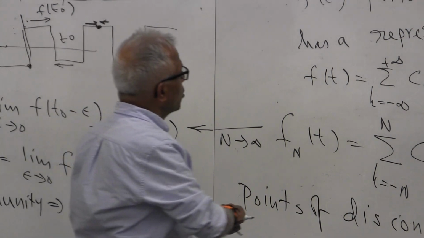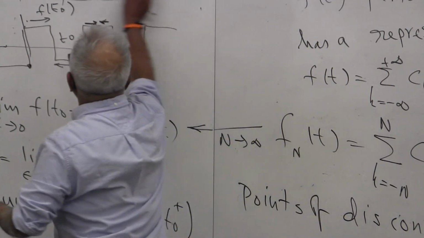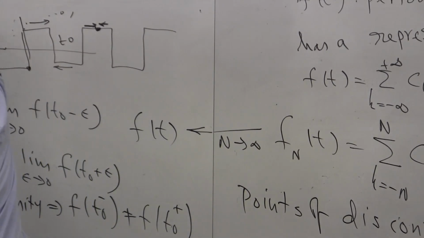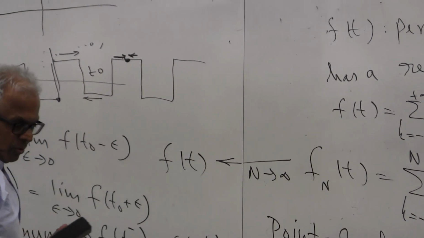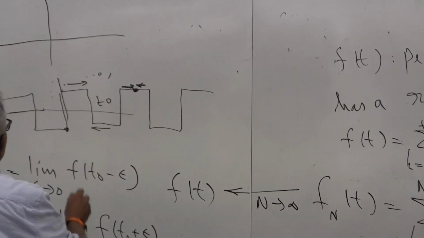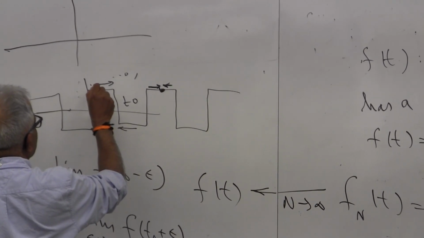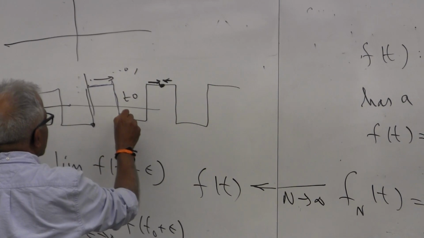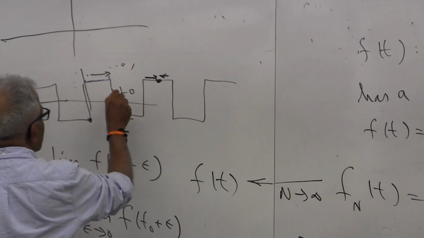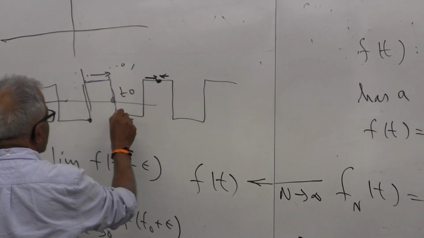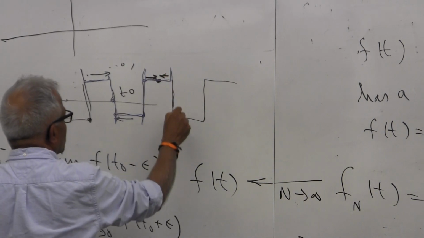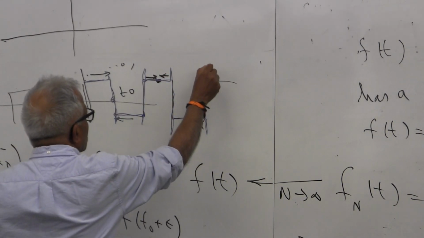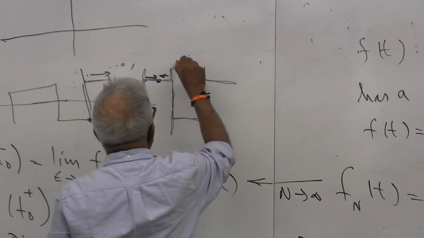So let me draw the Fourier series representation of a discontinuous function. For a discontinuous function like this, if you compute the Fourier series, the partial sum will converge to this value. On top of that, there will be some ringing here at the discontinuities: overshoot and undershoot.